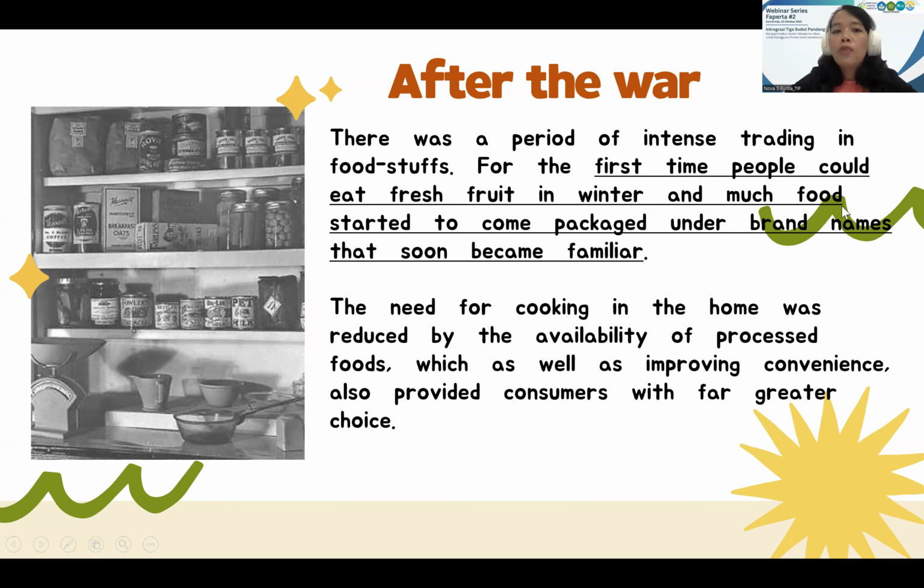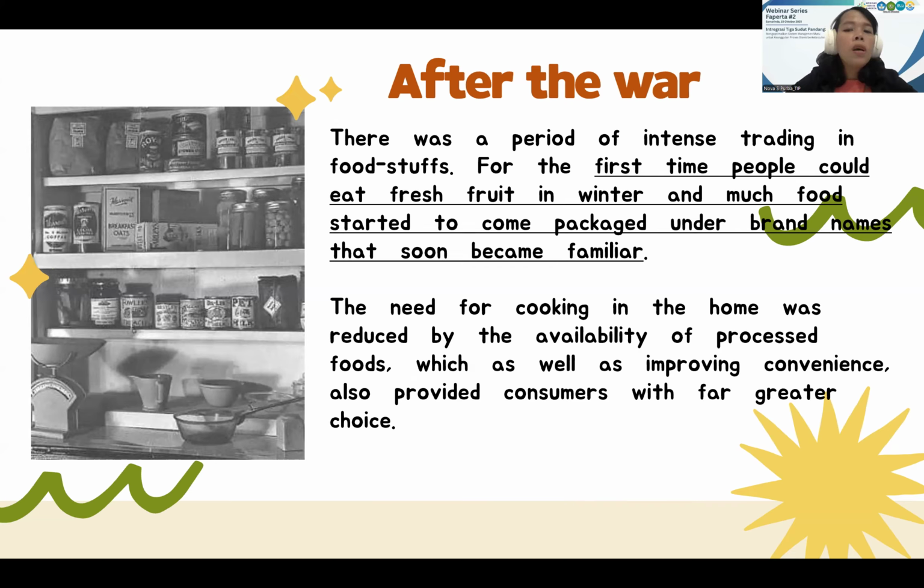Much food started to come packaged under brand names that soon became familiar. So they already had some brands, like you see in this picture. Some brands already appeared. The need for cooking in the home was reduced.